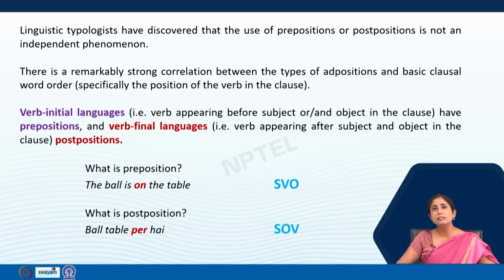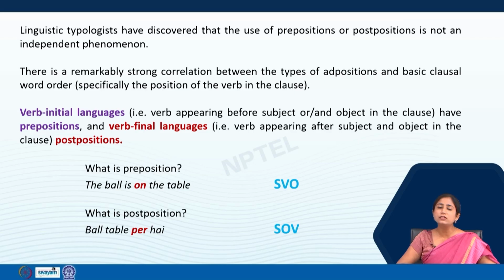So linguistic typologists have discovered that the use of preposition or postposition is not an independent phenomenon. It is not like it can occur anywhere in the sentence. There is a remarkably strong correlation between the types of adposition and the word order. So we have seen that in verb initial languages, that means where the verb appears before the subject or object in the clause, there we have prepositions, like you can see in English.